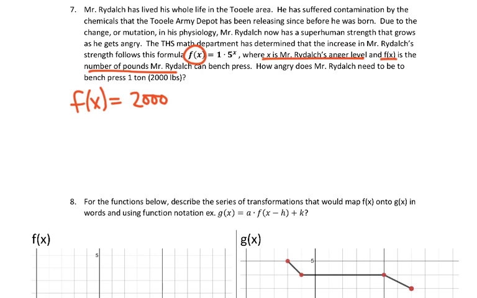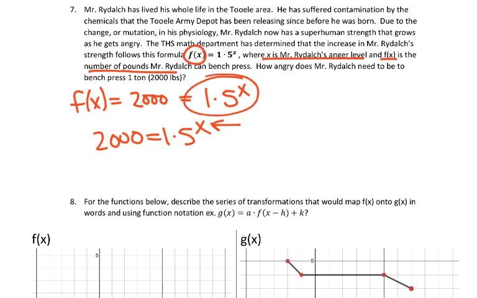Okay, and so that's equal to the 1 times 5 to the x. Now, that's the tough part. How do we figure out what we've got here? Okay, because it's equal to, so we want to go back and find x.